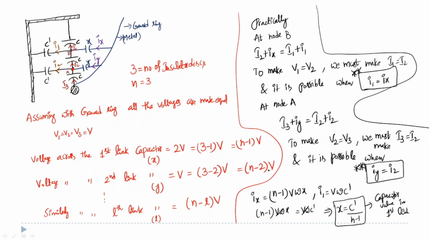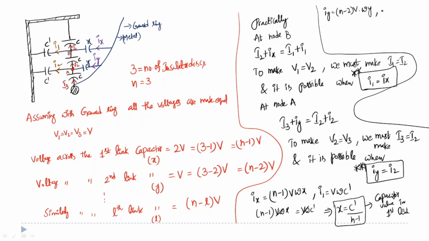It is n minus 2 into V. So Iy is equal to n minus 2 into V multiplied with the admittance of the capacitor, which is omega into capacitance value. So omega into Y. I have not written J because J will be on the LHS and on the RHS side J will get cancelled. We are just discussing the magnitudes of the currents, right?